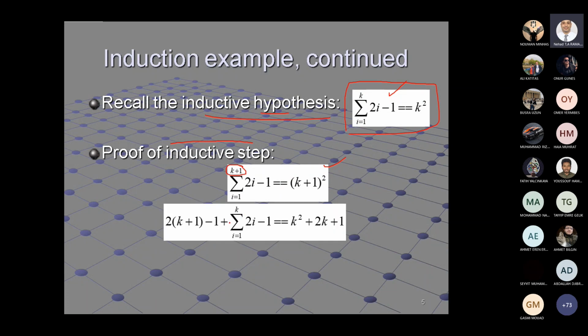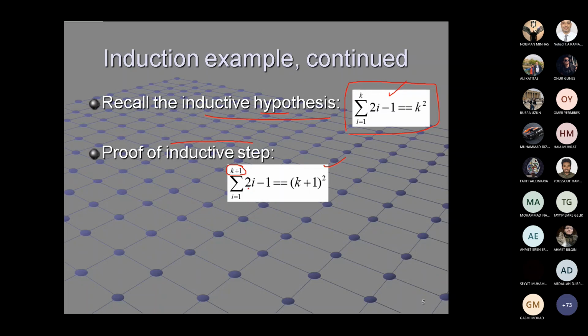Okay. So when we take k plus 1, we applied it inside, yes? So apply k plus 1 here. It's 2. Instead of i now, we will take k plus 1. This one, we can write it as, just remember, it's summation from 1 to k plus 1.